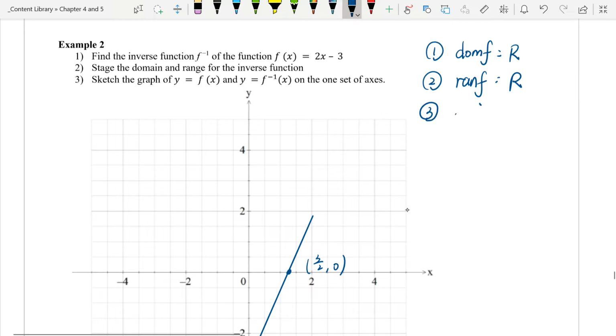Swap x and y. So x equals 2y minus 3. What's step number 4? Make y the subject. Thank you. y equals (x plus 3) over 2, and y equals half x plus 3 over 2.